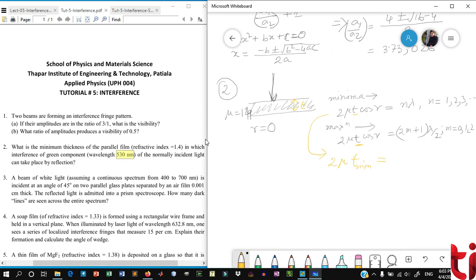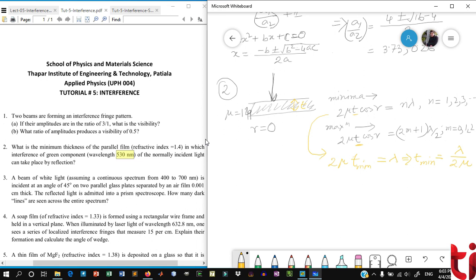What is the minimum n? N is 1, so lambda. So this implies that the minimum thickness that we can have for a destructive interference, that means t minimum, is equal to lambda by 2 mu.